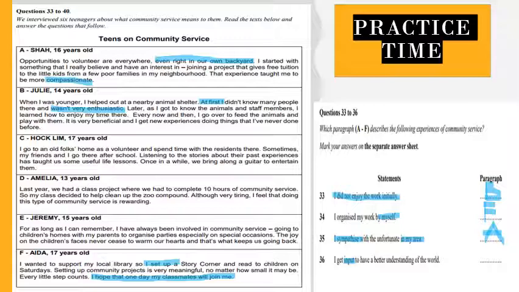Sometimes my friends and I go after school, listening to the stories. So this is maybe input about their past experience taught us, mengajar. So understanding. So most probably the answer is C. So you need to mix and match the information from the question with the paragraph.